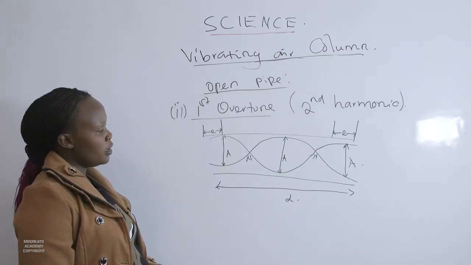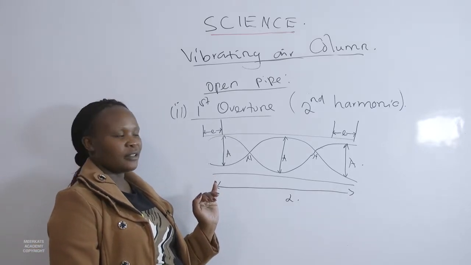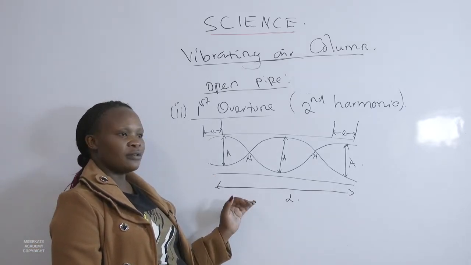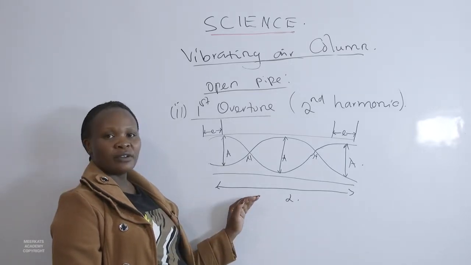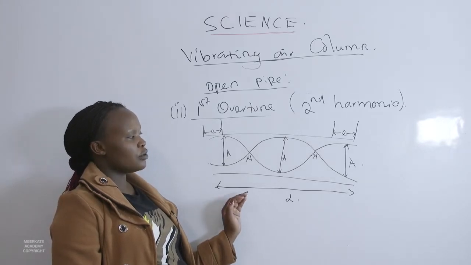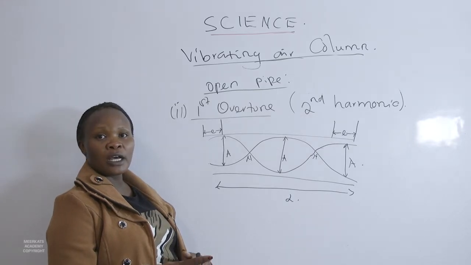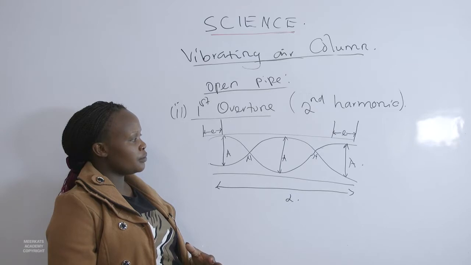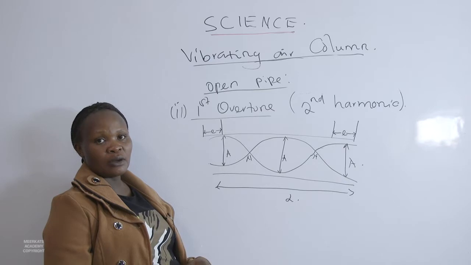Now clearly, our pipe has a full wave, courtesy of blowing air into it strongly. We have had a series of nodes and antinodes, and that means we have formed a stationary wave, and the full length is equal to a full wavelength.